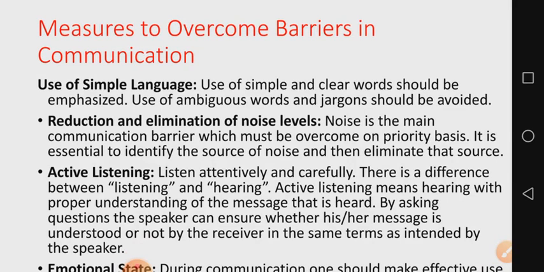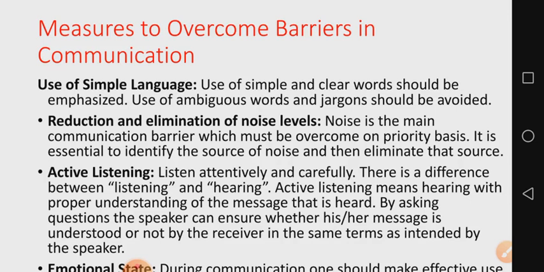Okay, let's start today's topic, and the topic is measures to overcome barriers in communication. If you remember, my last lecture was based on the first chapter, barriers in communication. In that chapter we discussed the obstacles in effective communication, the problems that may cause communication to go wrong.